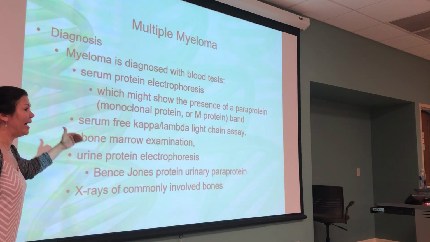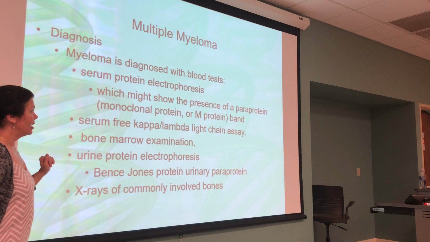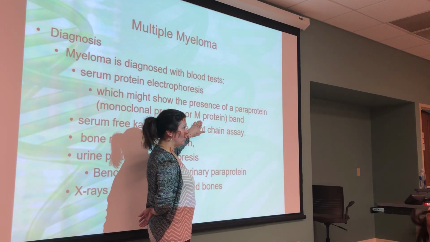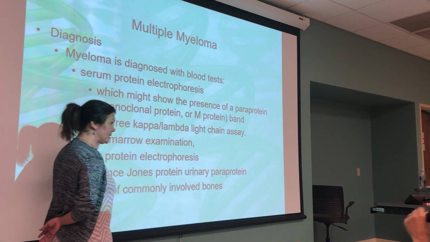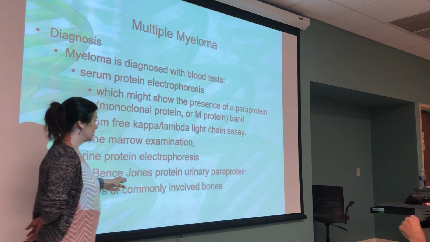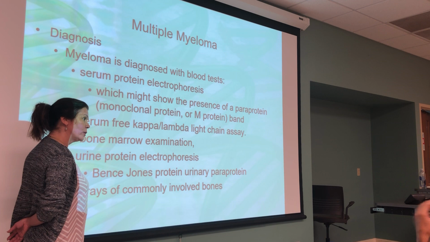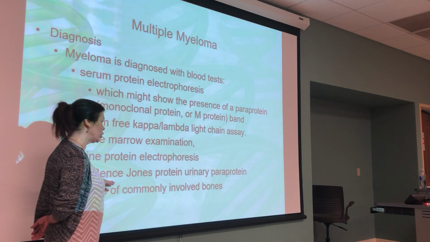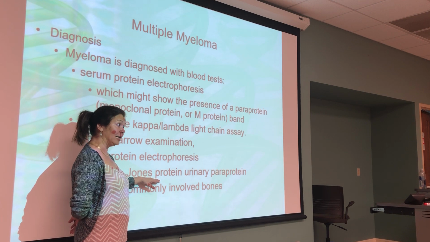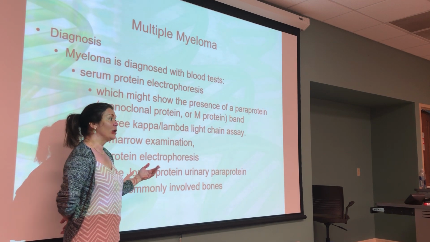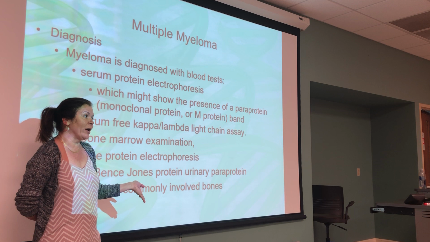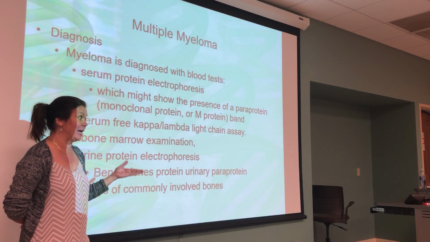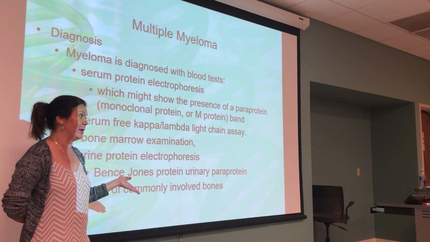So what else can be seen? Well, that M protein, when it's released through the urine, produces another sedimentation of paraprotein, which is called Bence Jones protein, highly pathognomonic. So we have a lot of ways to diagnose this, even though the best and gold standard will be the bone marrow biopsy.